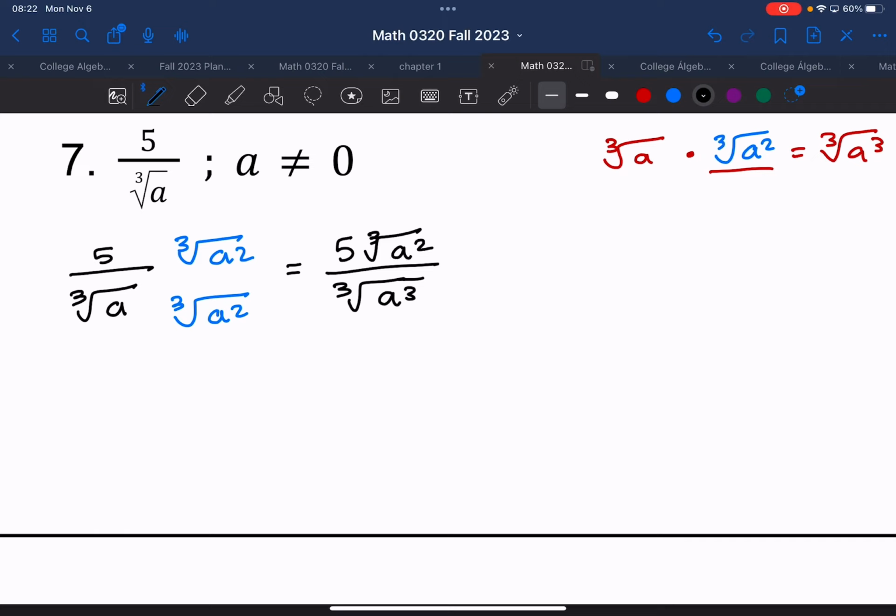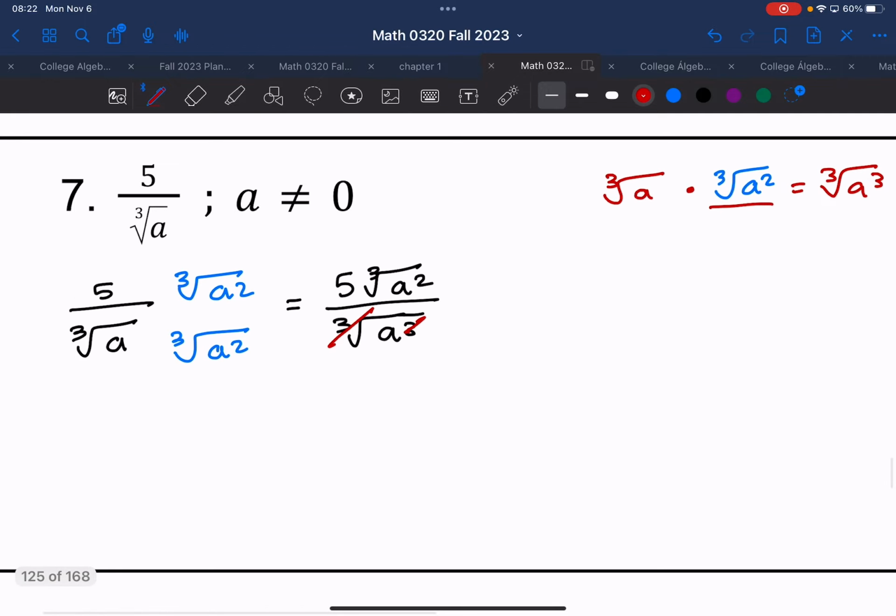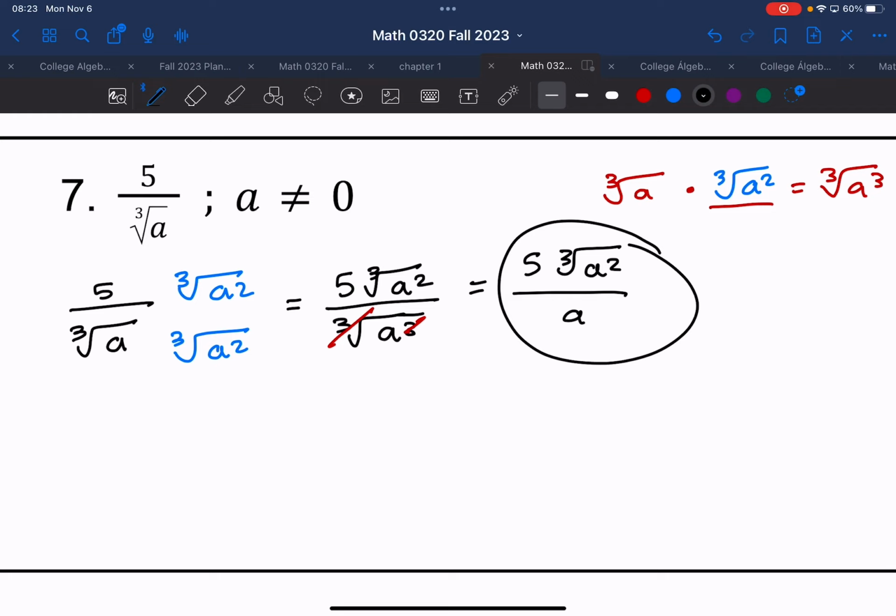What can we do to the bottom now to get rid of that radical? Cancel the exponent and the root. We have both the exponent and the index are the same, so we cancel them out. So we are just left with a. So we have 5 cube root of a squared over a. That's our answer.